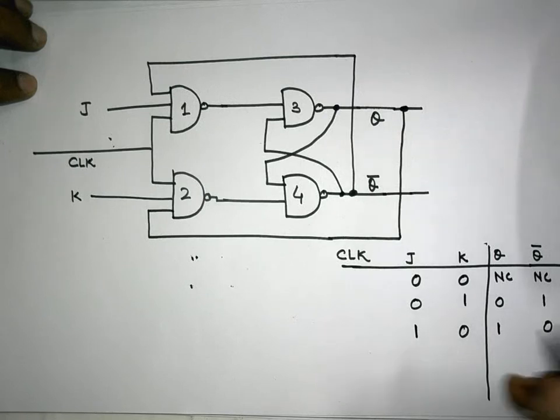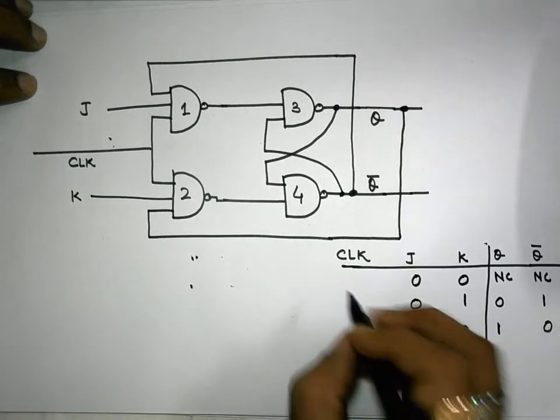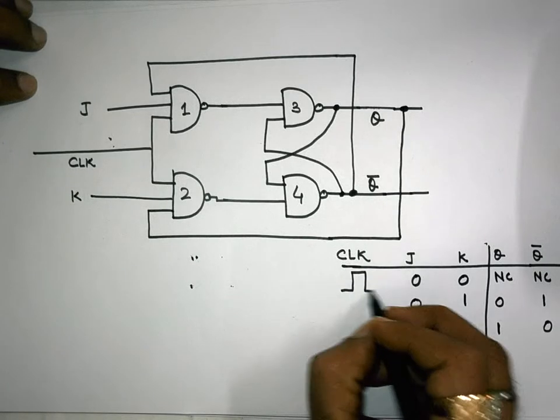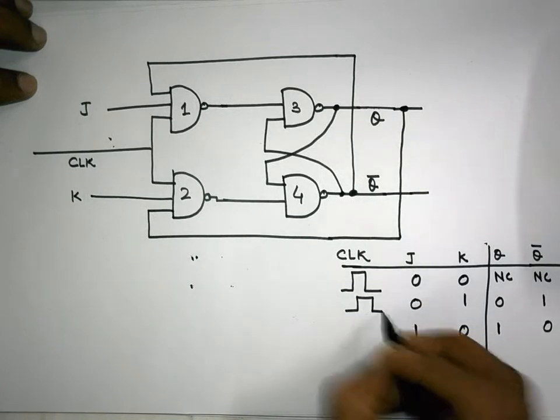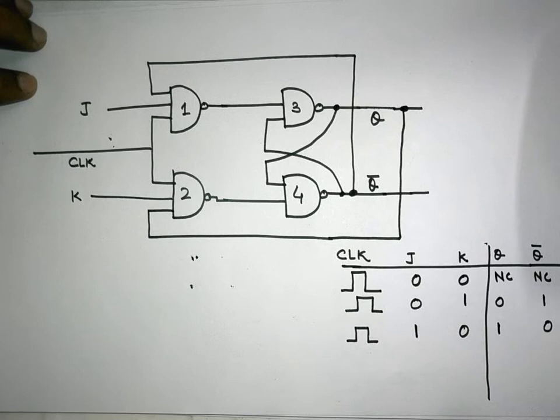And this all can happen if the clock was 1. Otherwise, if clock is 0, no input is entertained to show any effect at the output. Output does not change.